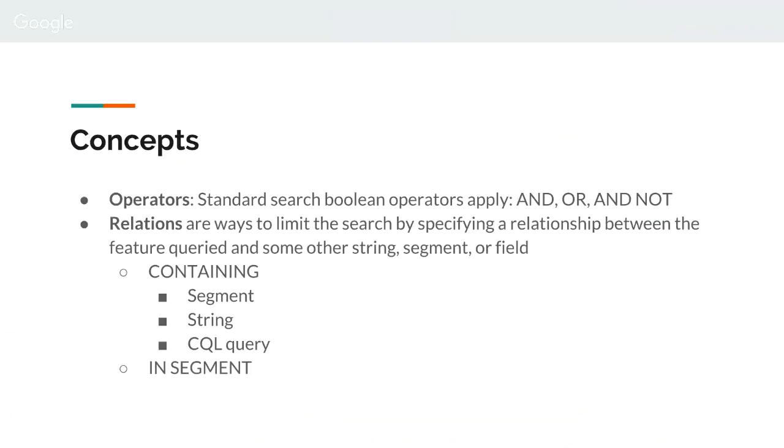You can also look for a feature that is in a particular segment. So we have basically classifying and compositional relationships, and then part-of relationships. So containing, or in another segment.